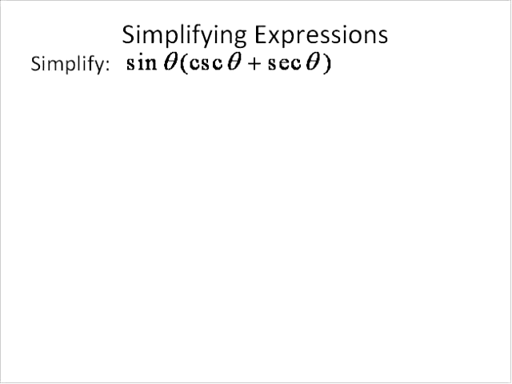Let's try this one. I've got sine theta times cosecant plus secant. So I've really got sine theta times, now cosecant, looking at my formula sheet, I know cosecant is 1 over the sine of theta, plus secant, and I know that secant is 1 over cosine.